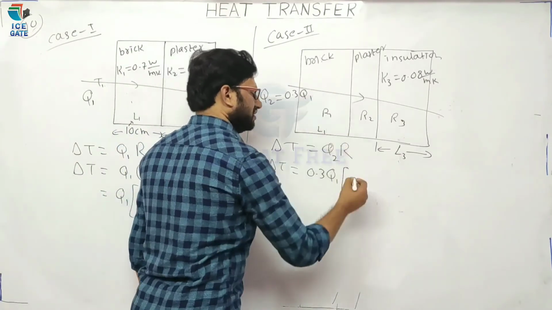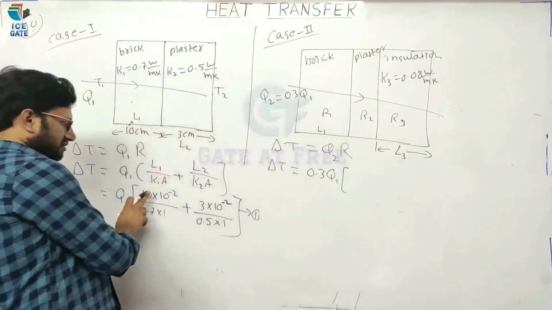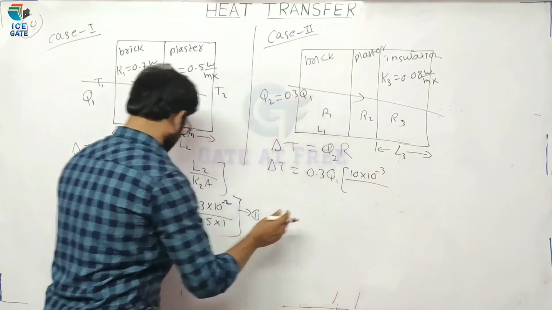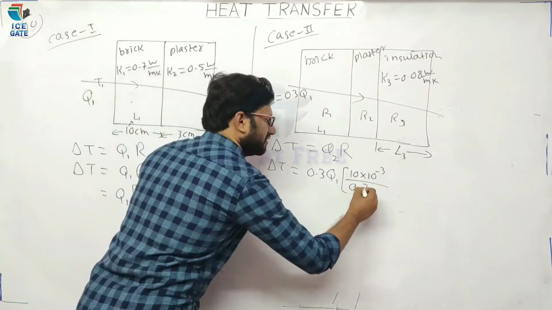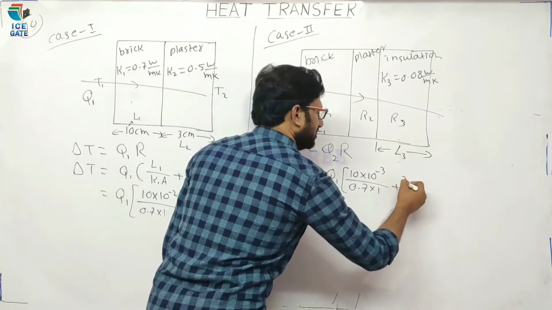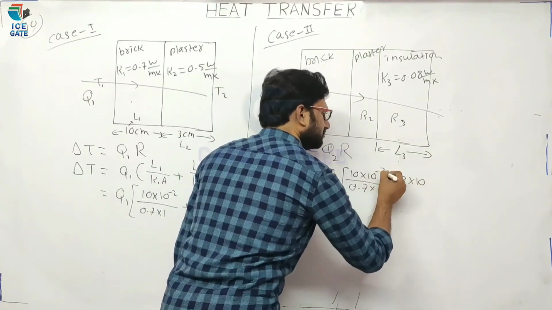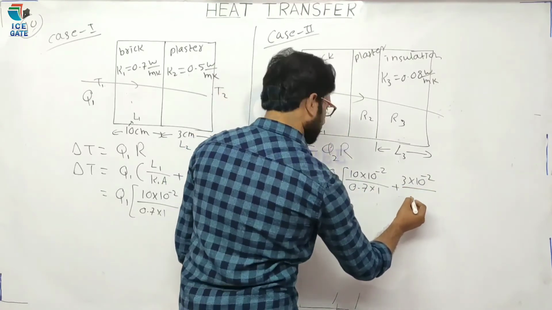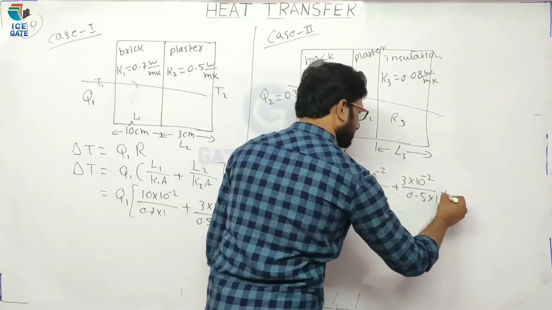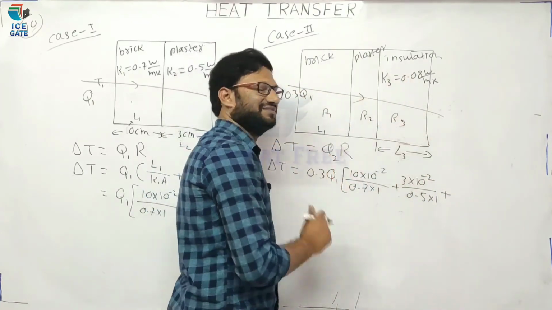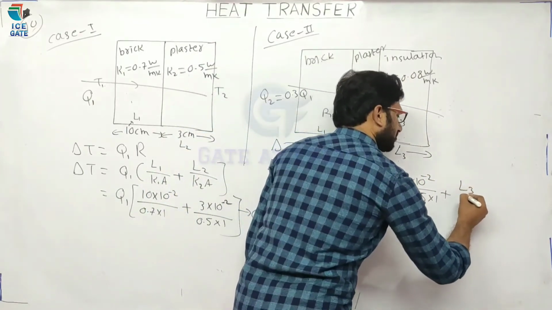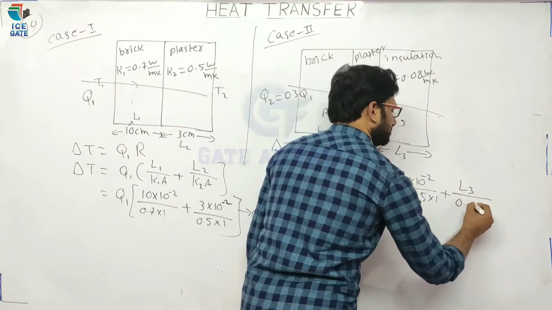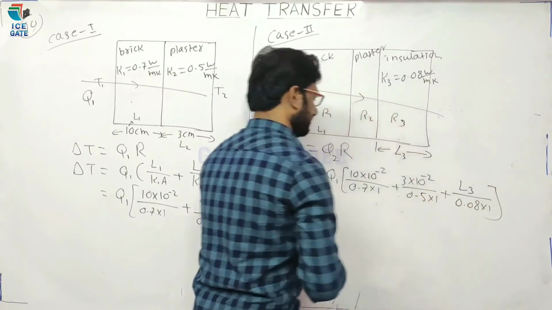L1 by K1 into area, that is 10 into 10 to the power of minus 2 divided by 0.7 into area 1, plus 3 into 10 to the power of minus 2 divided by the thermal conductivity 0.5 into 1, plus the resistance offered by the insulation material, that is L3 we have to find out, divided by K3. What is K3? 0.08 into 1.